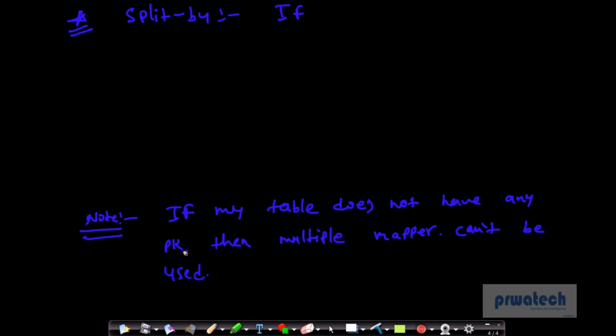This is what we know so far for Sqoop. But split by is actually challenging this concept. Split by says, no, I will not work with this. I will behave based on my operation.